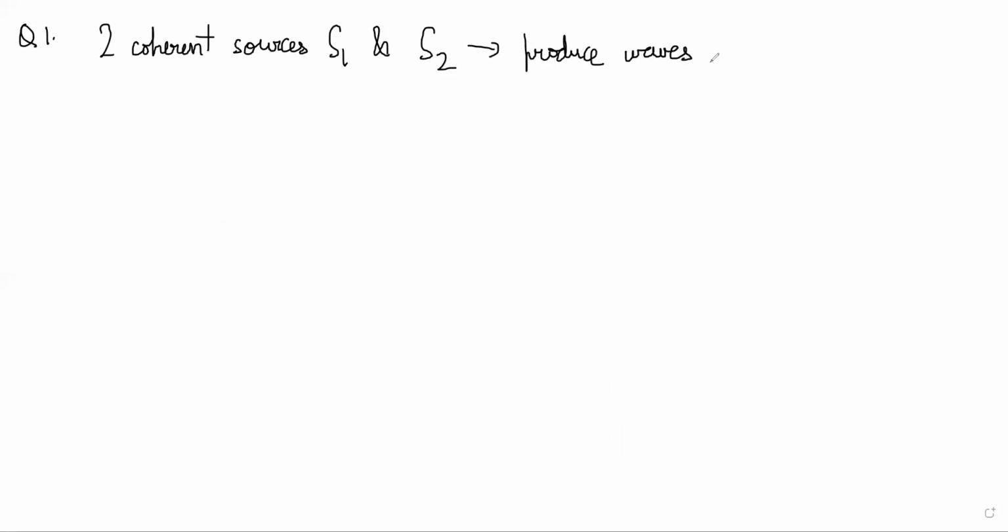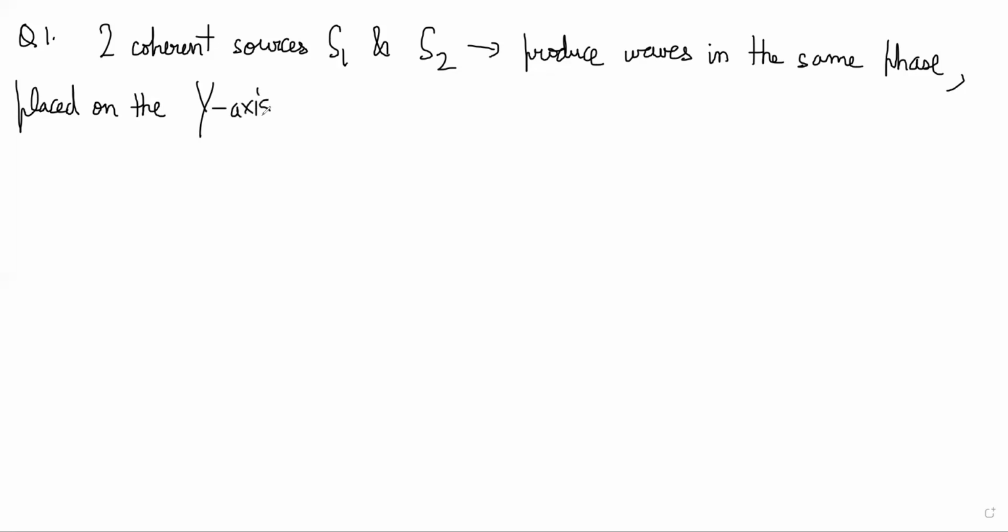Suppose there are two coherent sources, S1 and S2, which produce waves in the same phase, and are placed on the y-axis at (0, 2D) and (0, D).